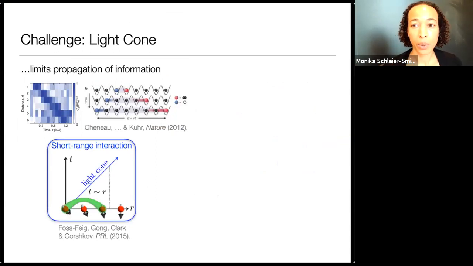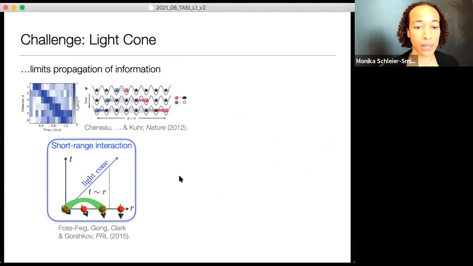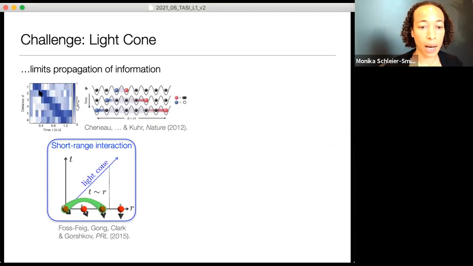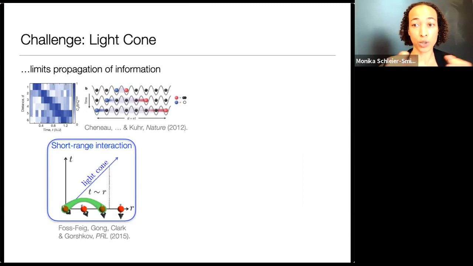So in particular, this locality of interactions that's very natural to have in these quantum systems tells us that there's some effective light cone that limits the propagation of information. So this is not the real speed of light, but there's some effective speed of light in this quantum mechanical system that's essentially set by the characteristic, let's say, hopping rate of atoms that are trapped in a lattice.